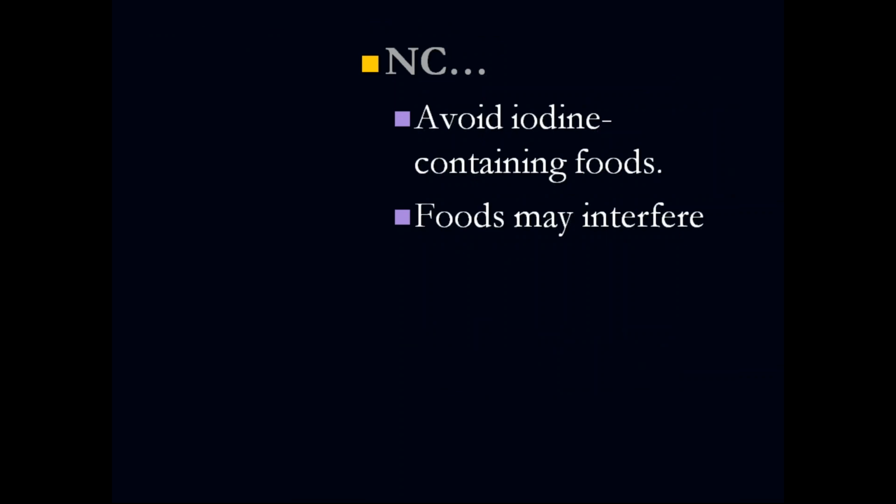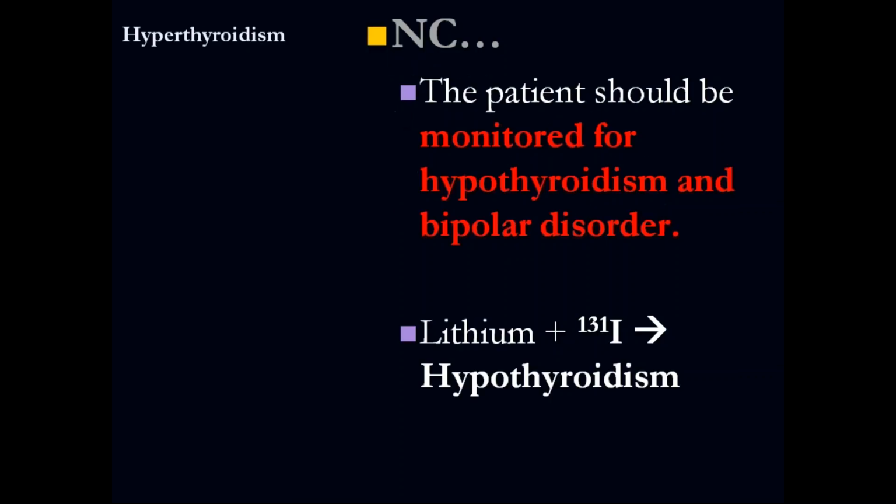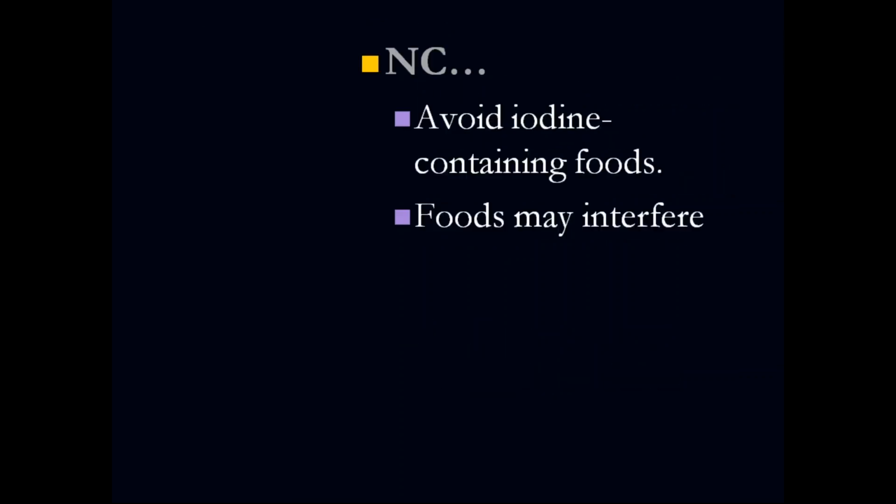Okay, nursing considerations: if you have hyperthyroidism, you need to avoid iodine-containing food. What food contains iodine? Seafood. Seafood has a lot of iodine. In the mountains, do we have iodine? If you go to the mountains, there is actually no iodine in high levels. Most of the iodine is at the level of the ocean. Why is that?